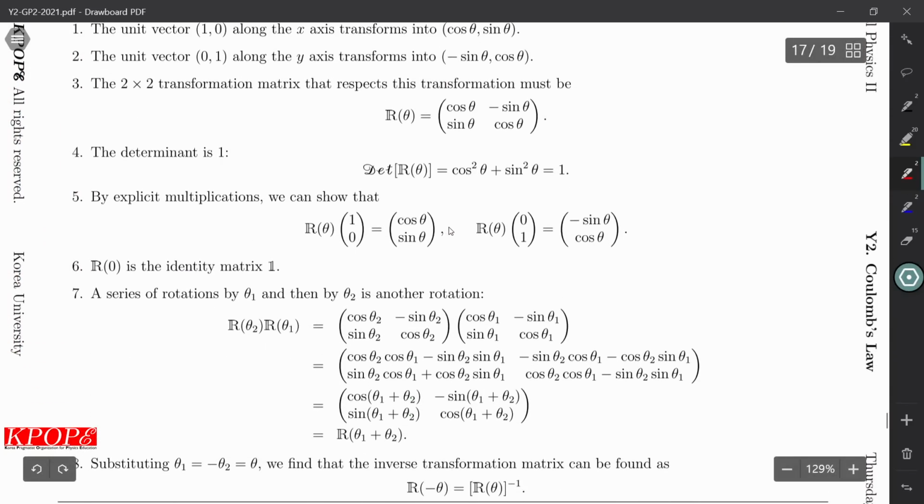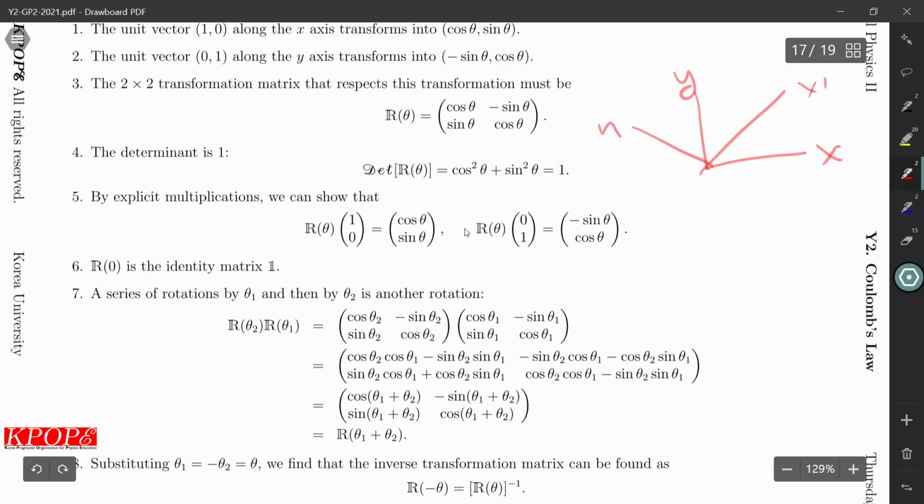Rotation matrix. At the end of the previous class, we considered the rotation of unit vectors in the xy plane, the coordinate transformation from x, y to x prime, y prime, and this is the result.